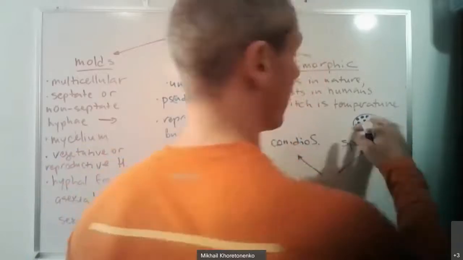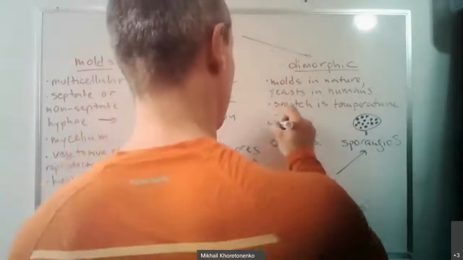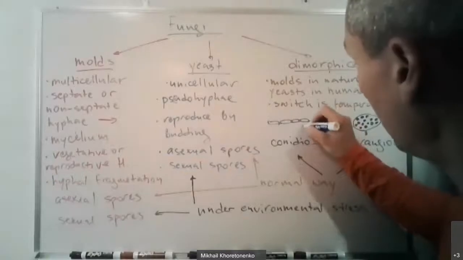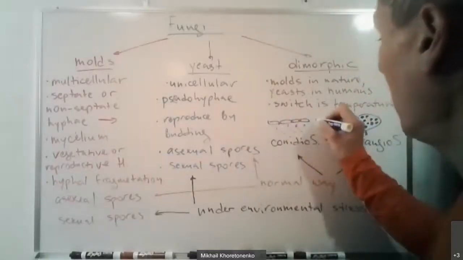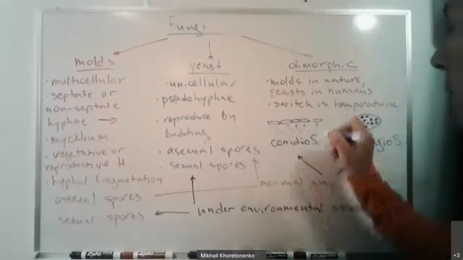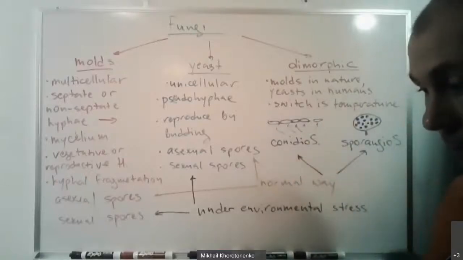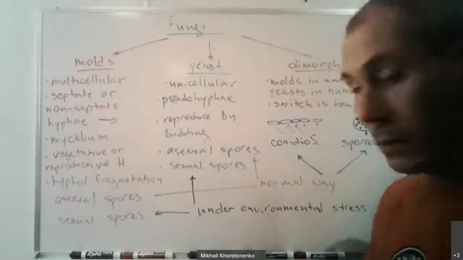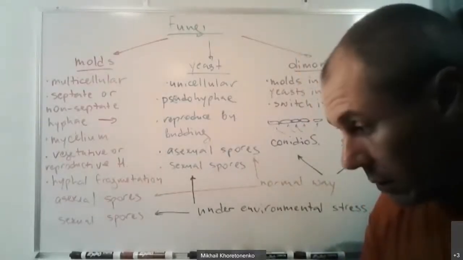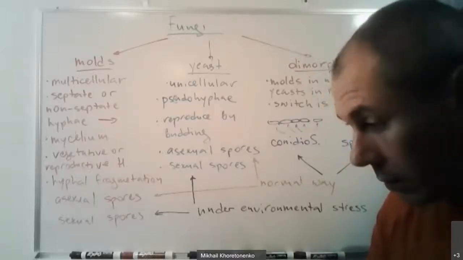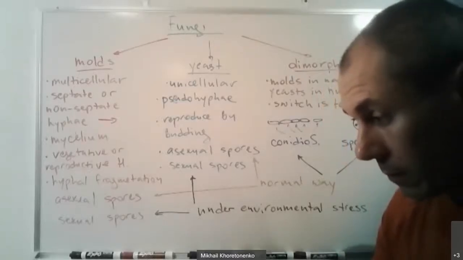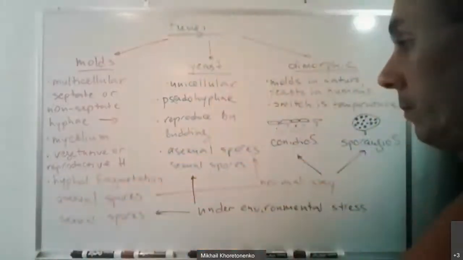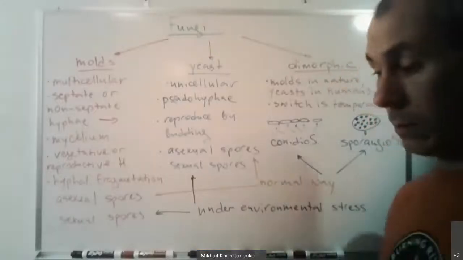When this sac bursts, spores fly out. In case of the conidiospores, you have individual spores that form a chain, and they separate one after another. So there's no sporangium. Does that make sense? Are you following me? Any questions?